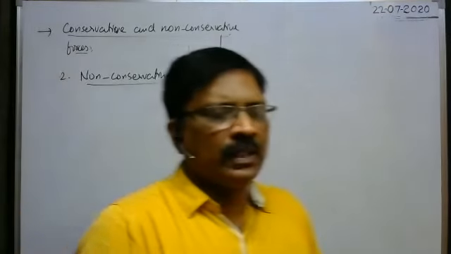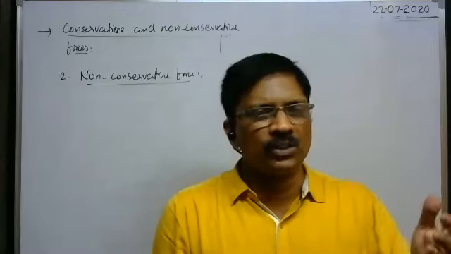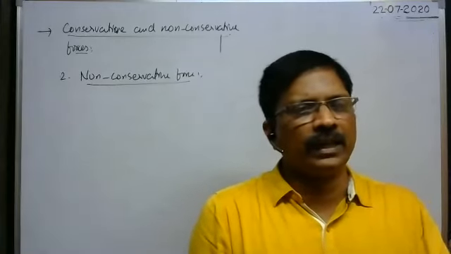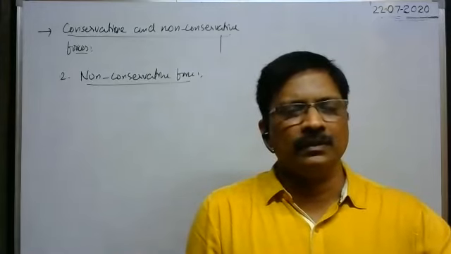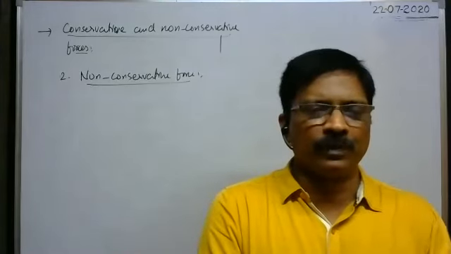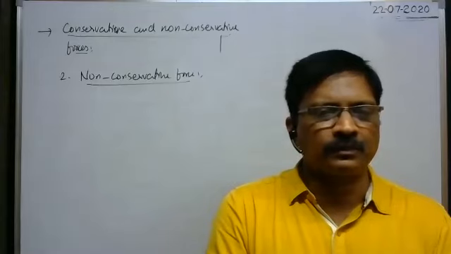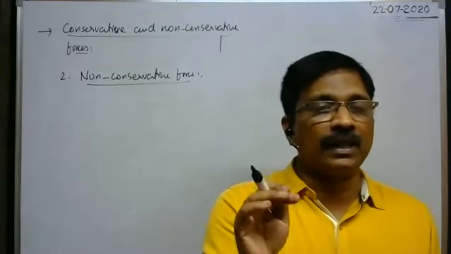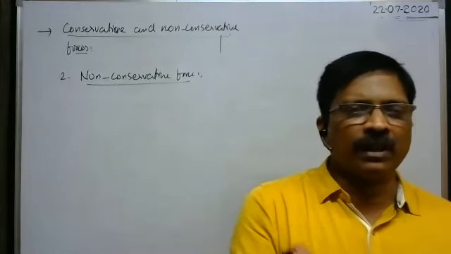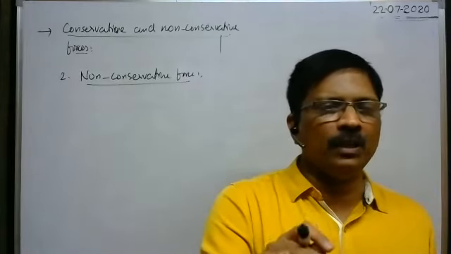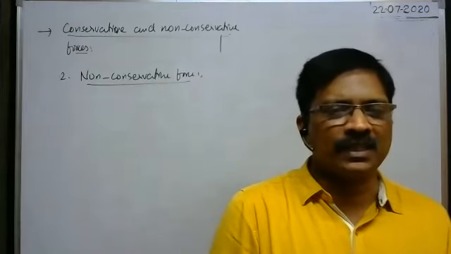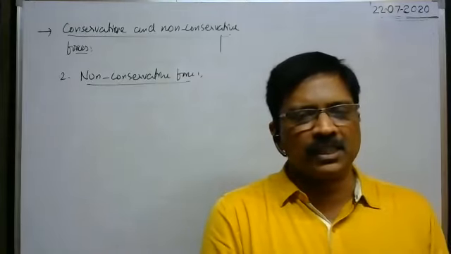Here, the force which acts on a body, due to which the work done by the force on a body in moving the body along the closed path is not equal to zero, such type of force is called the non-conservative force. If the work done by the force on a body in moving the body along the closed path is not equal to zero, then such force is called the non-conservative force.